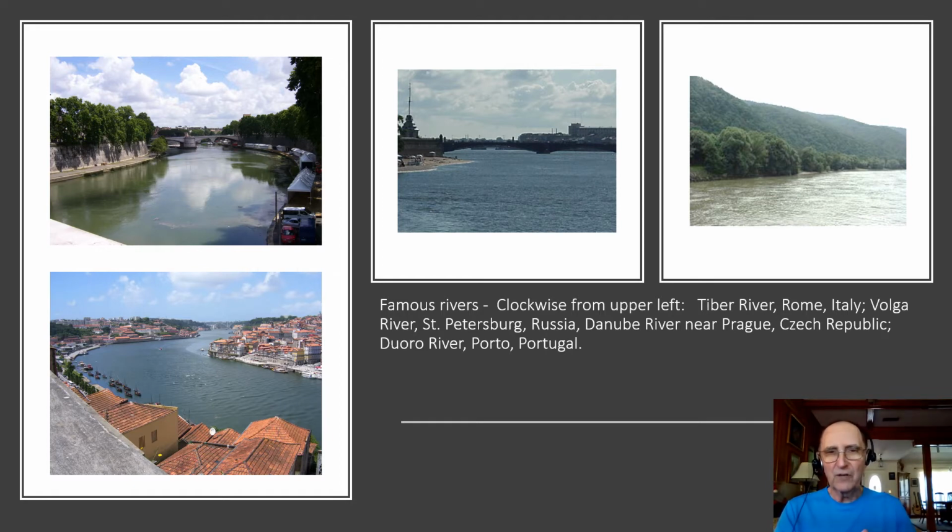Next to that, you have the Volga River in the city of St. Petersburg in Russia. Next to that, you have the famous Danube River near the city of Prague in the Czech Republic. And on the bottom, you see the Douro River in the city of Porto, Portugal. By the way, that's where they make the good port wine.